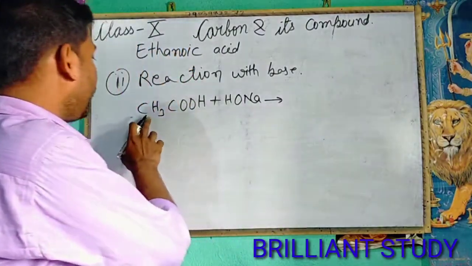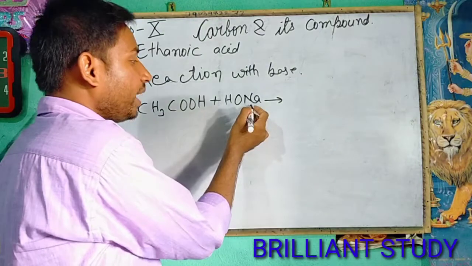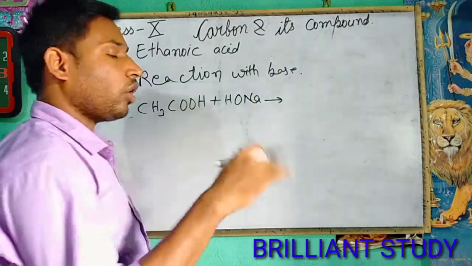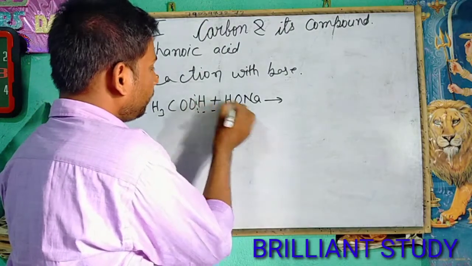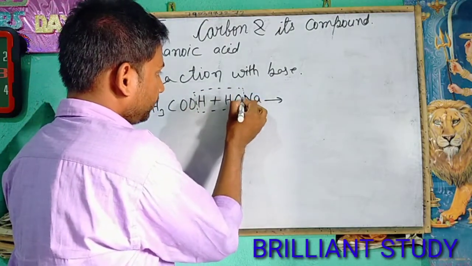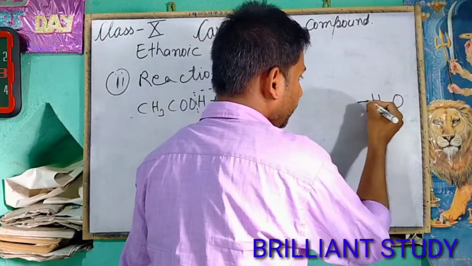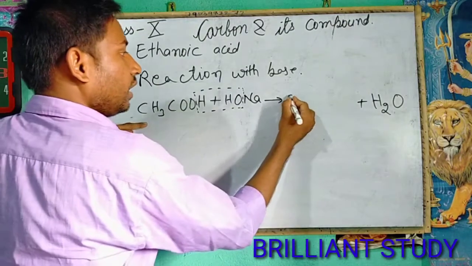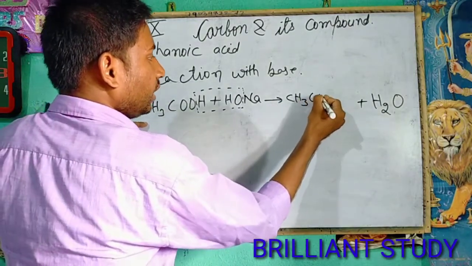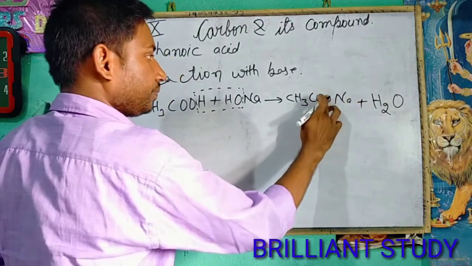So when acetic acid or ethanoic acid reacts with a base, sodium hydroxide or potassium hydroxide, water will be removed first and then it will form CH3COONa.